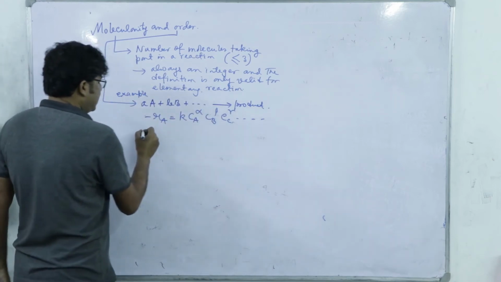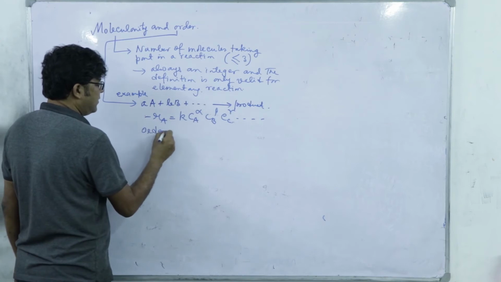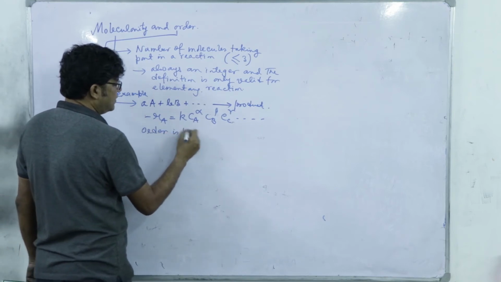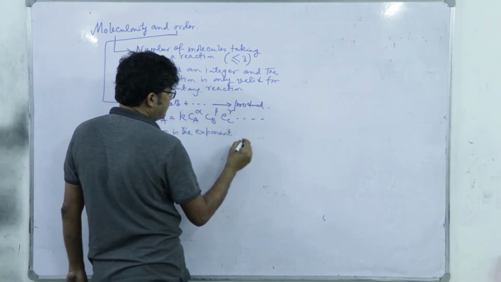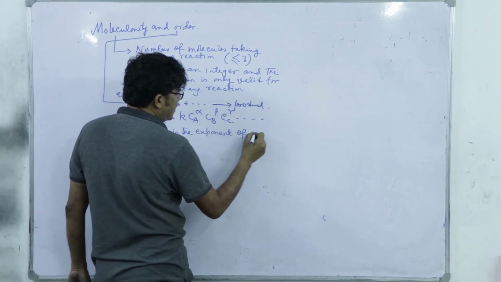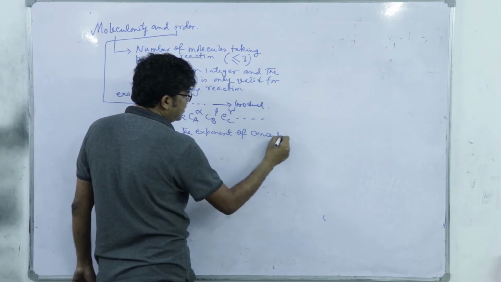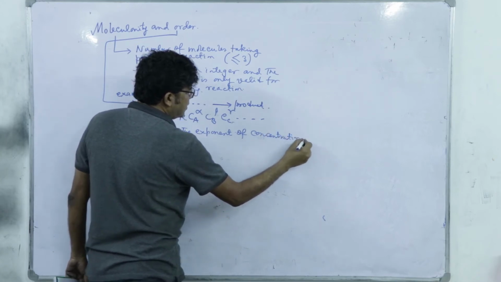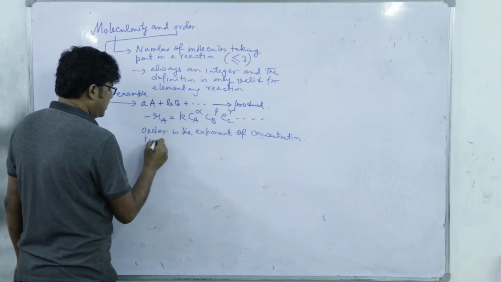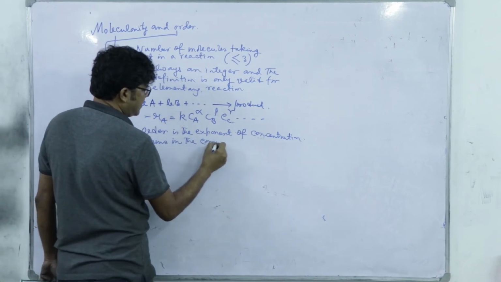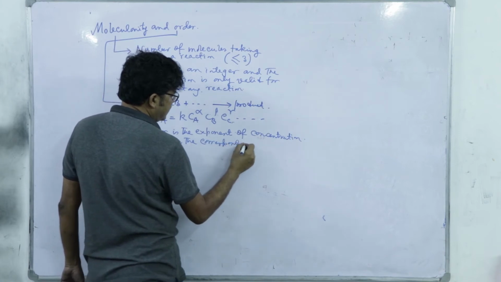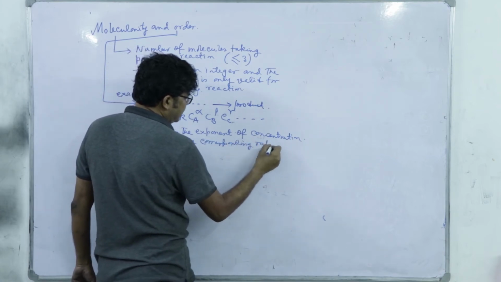So, the order is the specific exponent. Order is the exponent of concentration terms in the corresponding rate equation.